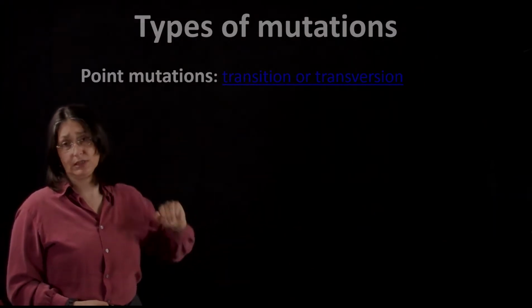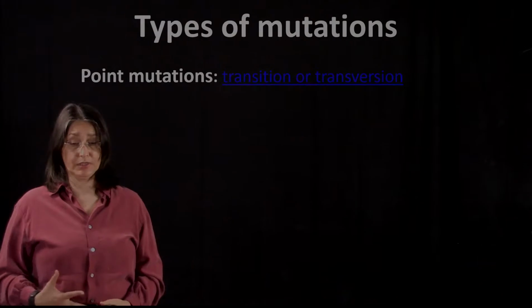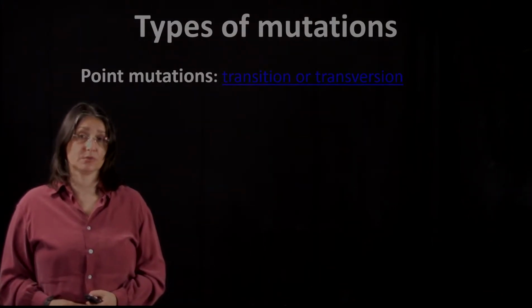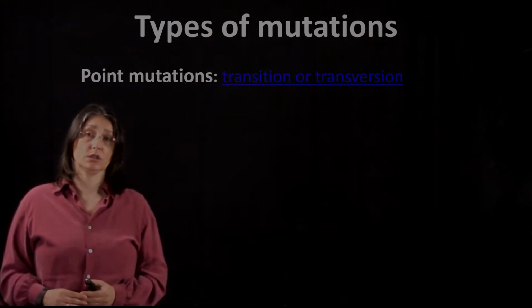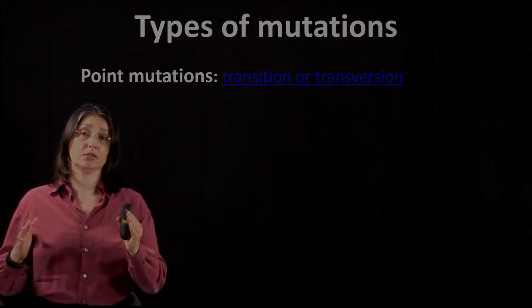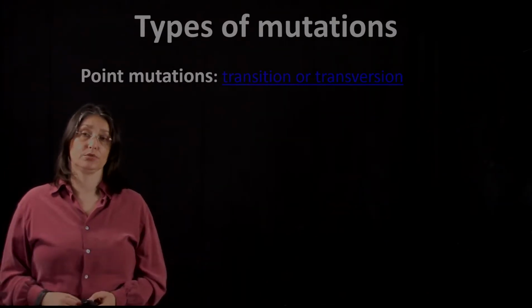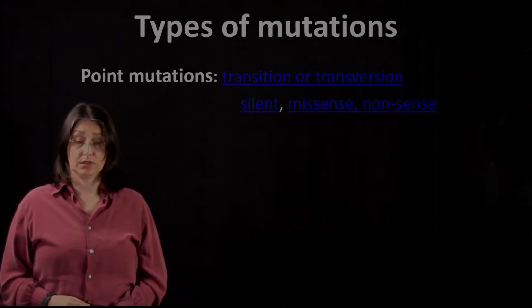Notice that this is actually a link, and it will send you to a very clear picture that compares and contrasts the concepts of point mutation between purines, or transition from purine to pyrimidine, and gives a lot of examples.